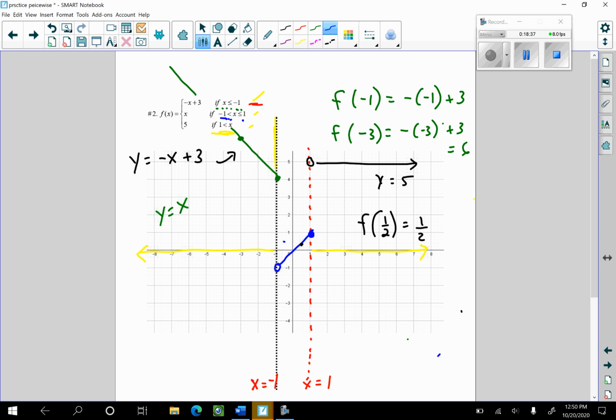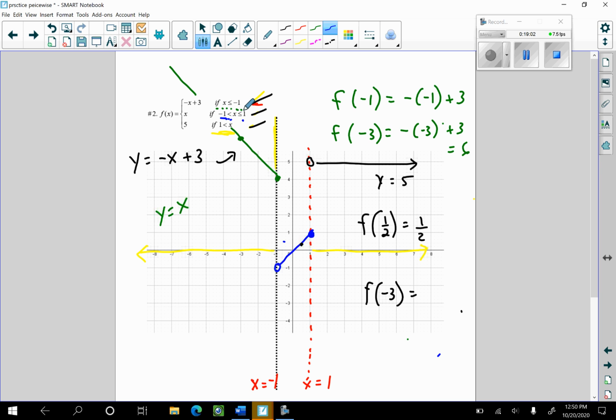Let's find this piece. F of negative 3. What piece are you going to use? Top piece, middle piece, bottom piece. You have to find out where negative 3 is.